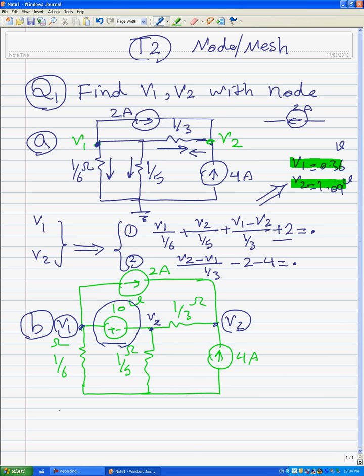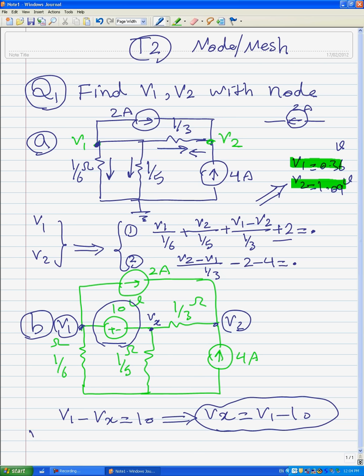For this reason, V1 minus Vx is equal to 10 and Vx is equal to V1 minus 10. This is the equation for supernode. To clarify, again in part B, we have two unknowns because Vx is not unknown. And also for this equation, Vx is determined in terms of V1.